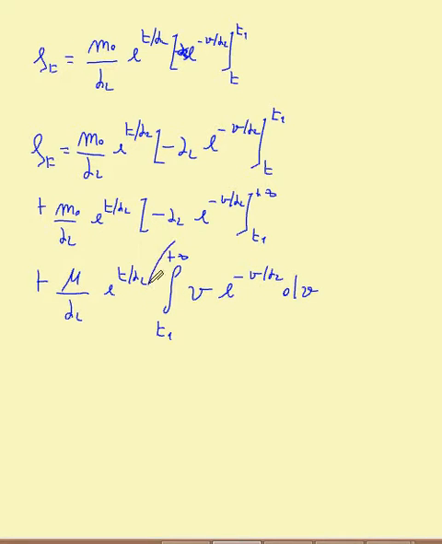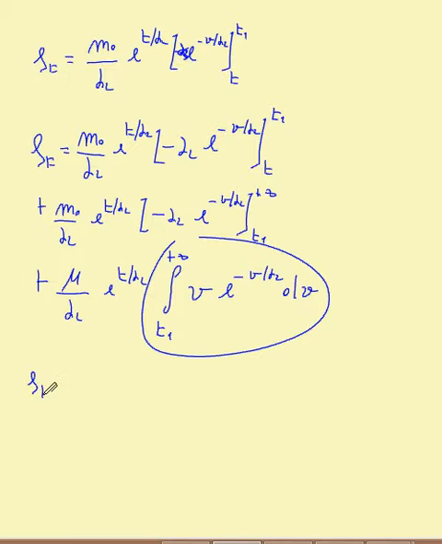And the problem is to solve this integral. Solving this integral, we get the dynamics of the exchange rate. But we can simplify the first two integrals, okay? We can compute the first two integrals.